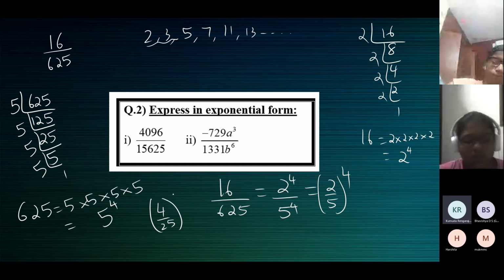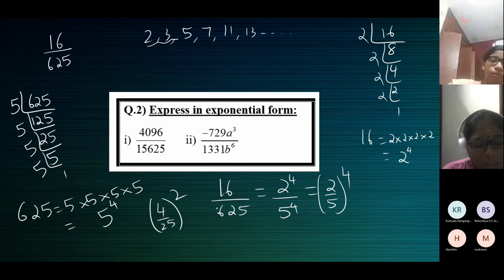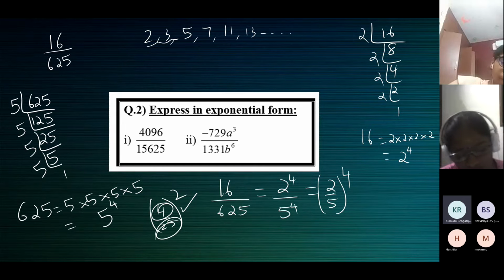This is also correct, it's not wrong, but preference is given to prime numbers. 4 square is 16 and 25 square is 625, which is absolutely right, but since 4 and 25 are not prime, we prefer 2 by 5 to the power 4.